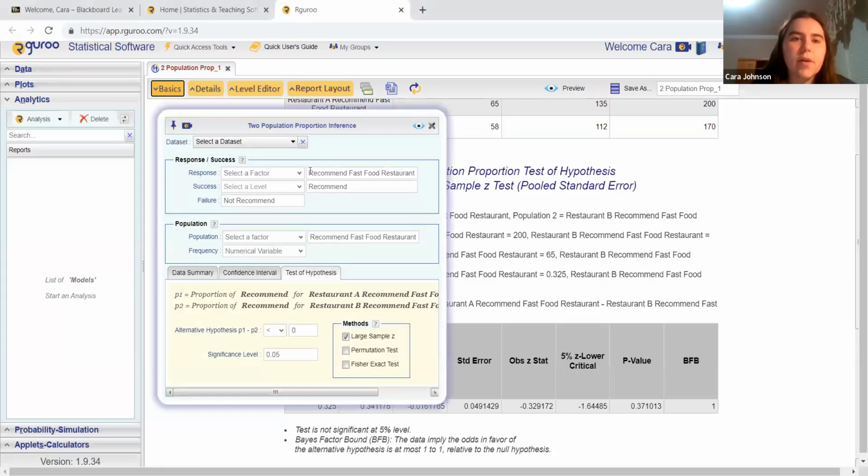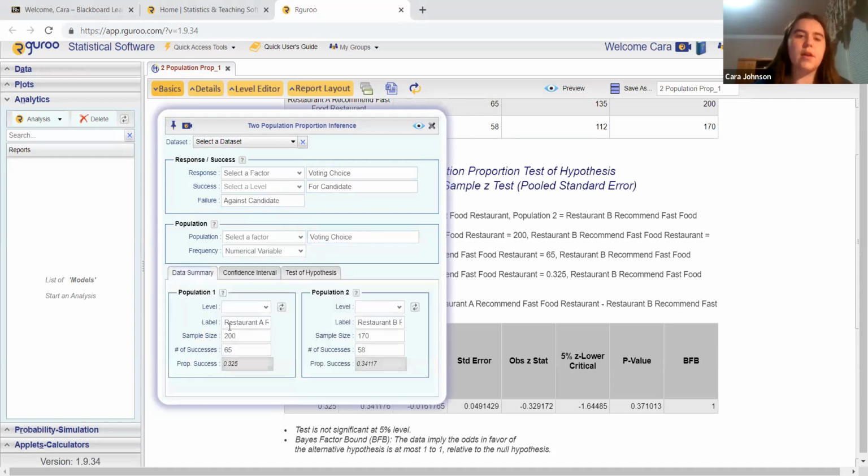All right, so our general variable here is voting choice. And then a success here is going to be voting for the candidate, and a failure would be against the candidate. Data summary.